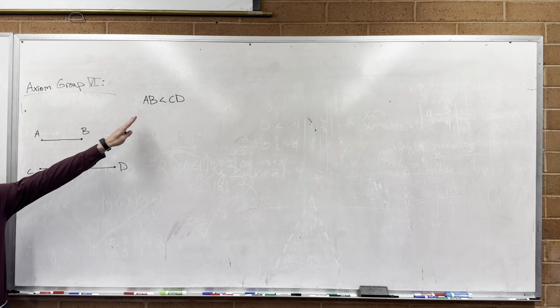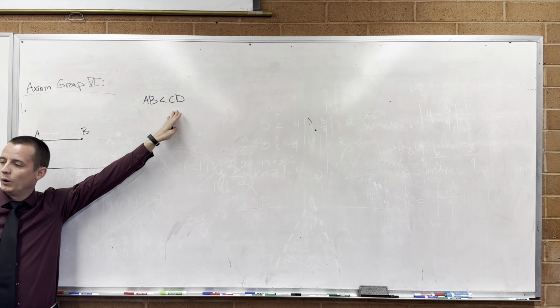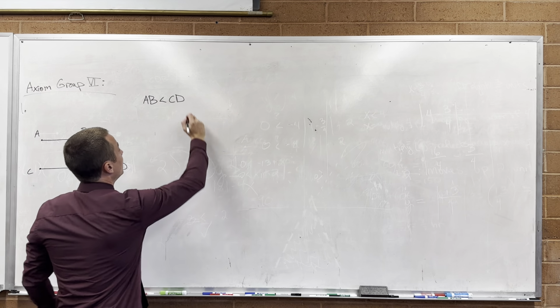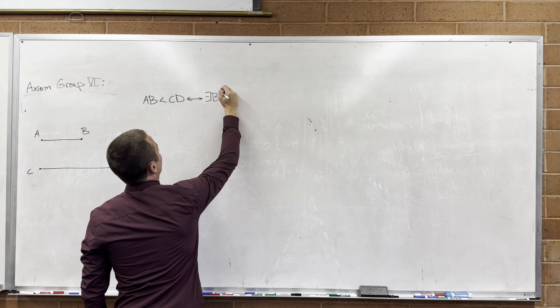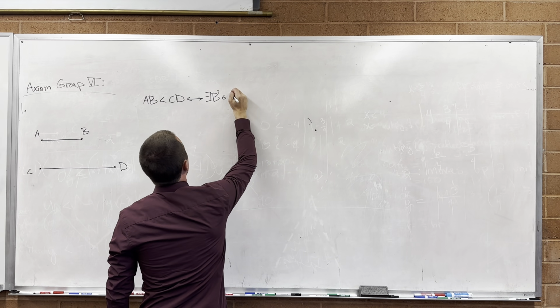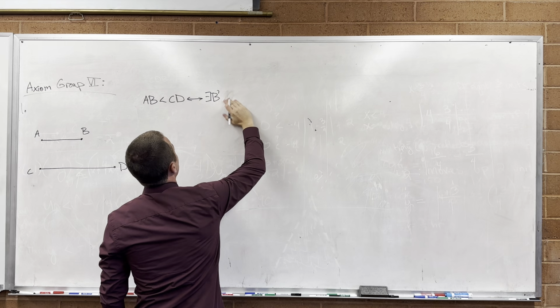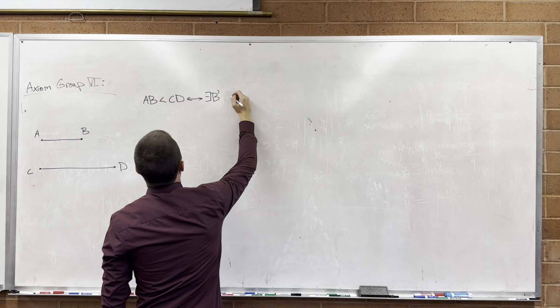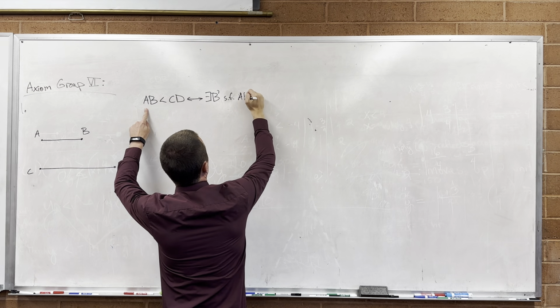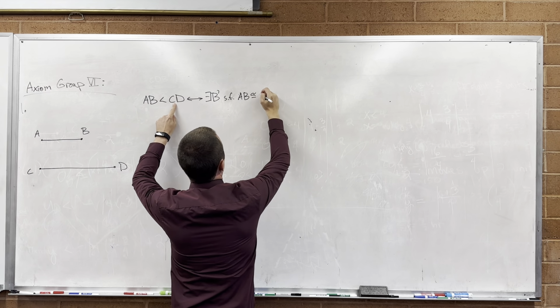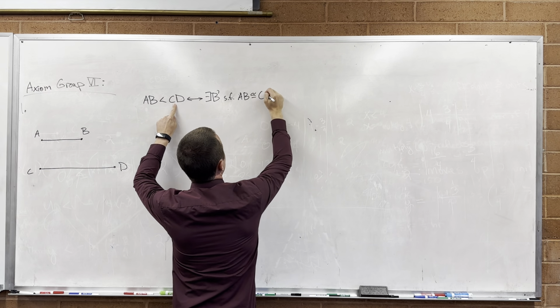So when I say that the segment AB is less than CD, what precisely does that mean? That means that there exists some point B prime in CD such that AB is congruent to CB prime, and we have C, B prime, D, so B prime is between C and D. Pictorially, it looks like this.